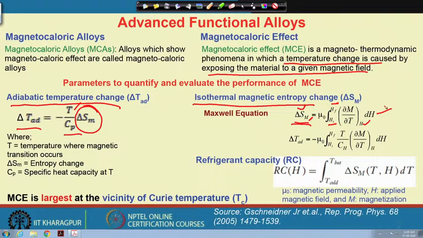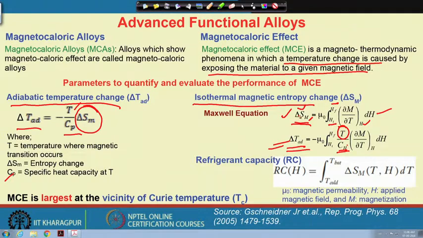So, this integration gives us the value of delta Sm, and from there we can also calculate the adiabatic temperature change, which is basically the estimation of delta Sm divided by C_H, the specific heat at a given field and the temperature at which it is measured. Okay. So, the same equation we apply here with the delta Sm value.